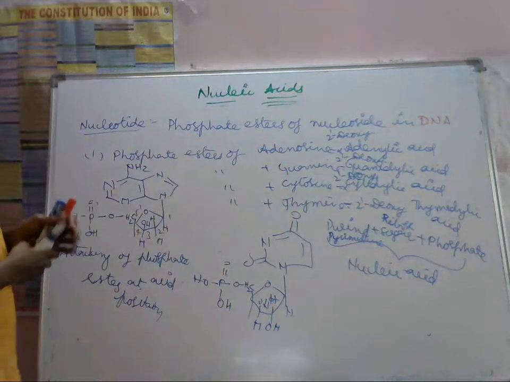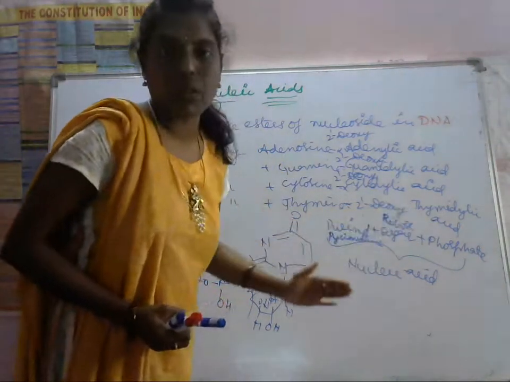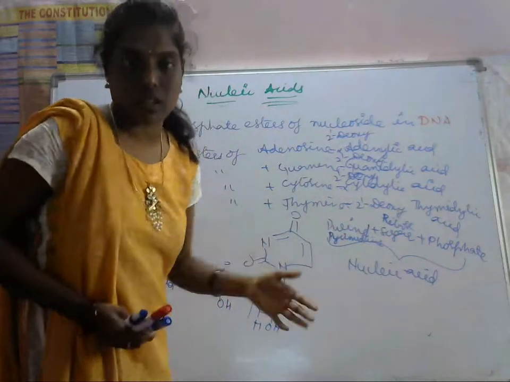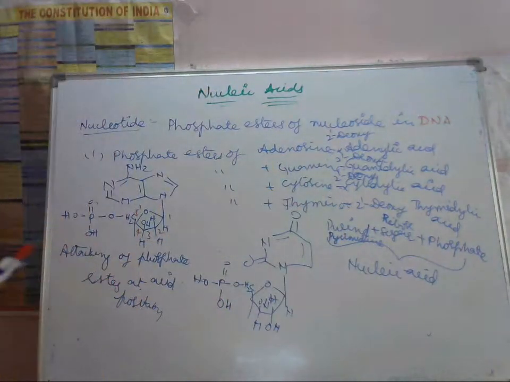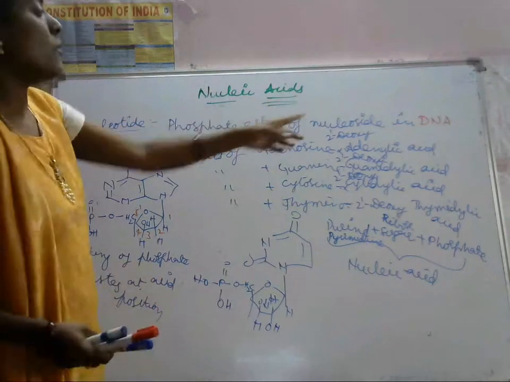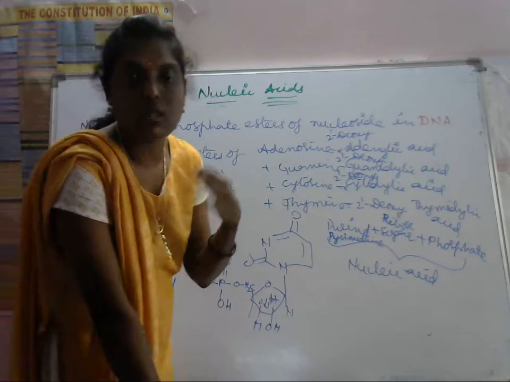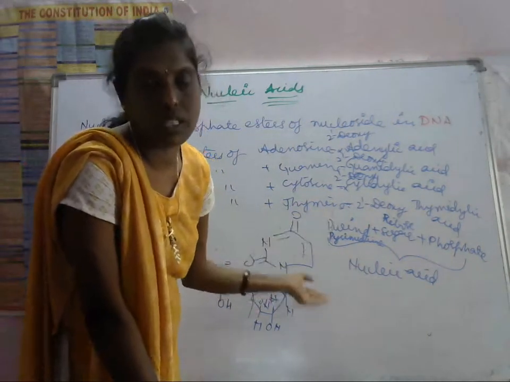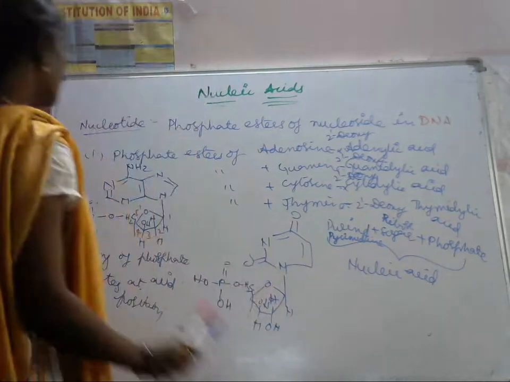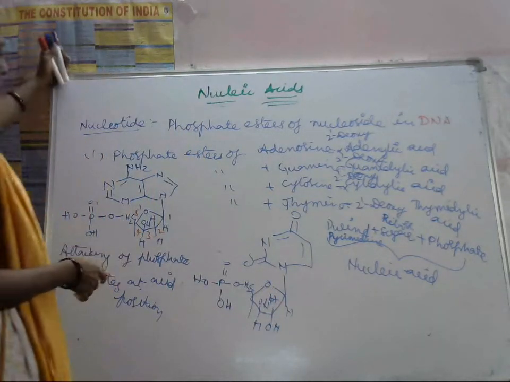If these three groups are present, then it is called a nucleic acid. In DNA we are removing the oxygen, so that's why it is called deoxyribose sugar, and deoxynucleic acid.